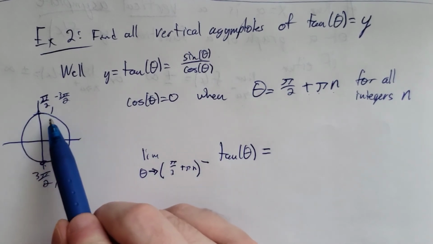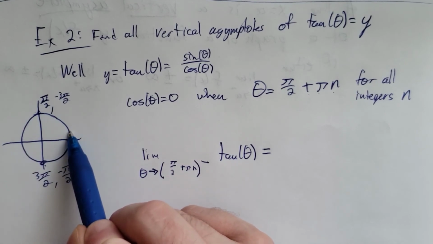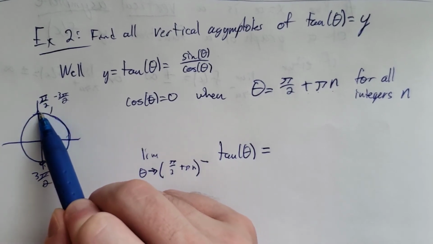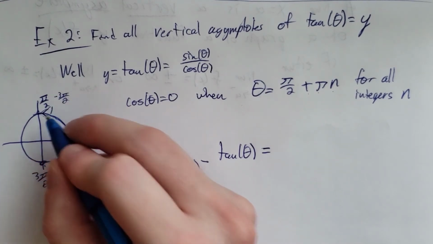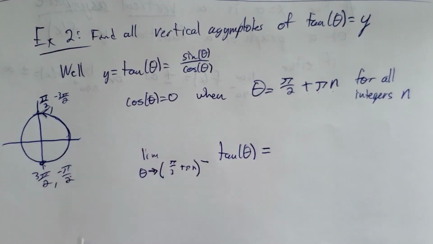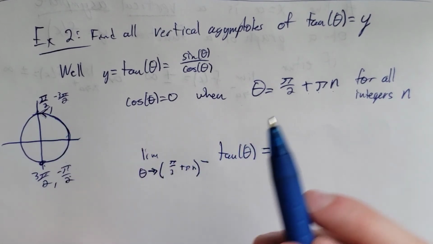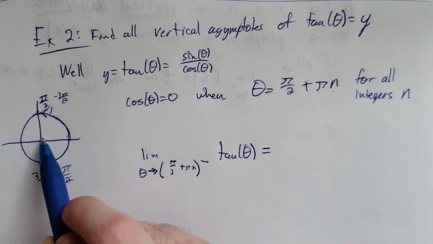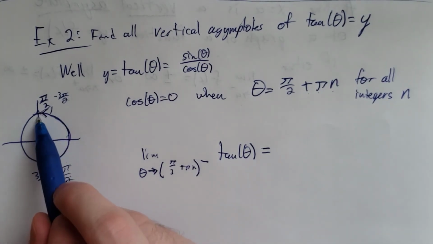Pi over 2 from the left actually means smaller theta values. So if we're thinking about going around, that means we're approaching from this direction here. I know it looks like from the right on this picture, but by the left we mean smaller values than this.